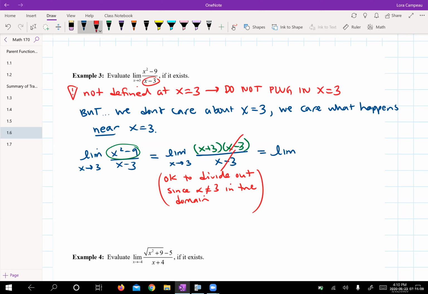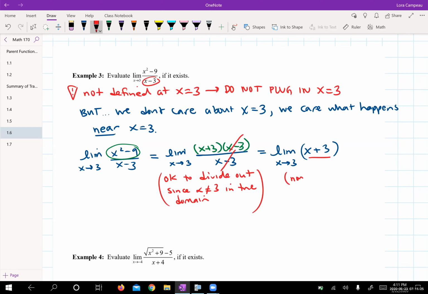So if I'm finished with this expression, with x approaching 3, the only thing I have left is x plus 3. When we look at this carefully, x plus 3 is actually nice, a linear function.